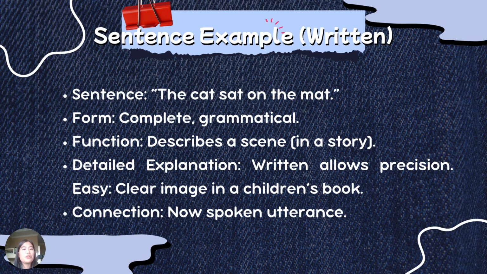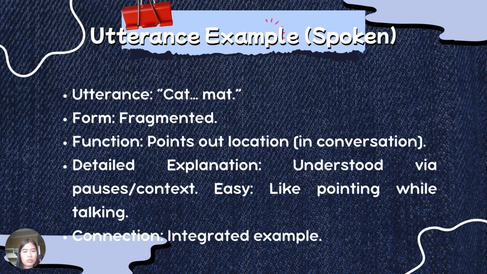The function is to describe a scene, like a clear image in children's books. The next example is: cat, mat. The form is fragmented, the function is to point out location in conversation, understood via pause and context, like pointing while talking.